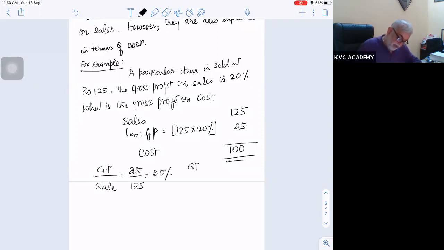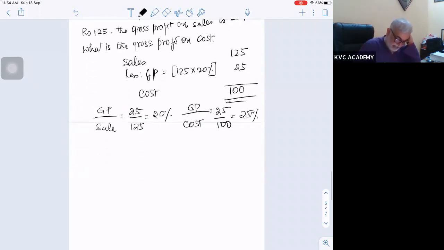But the gross profit on cost means 25 by 100. So that equals 25%. So this relationship we can easily understand in this table. Gross profit on cost and gross profit on sale.